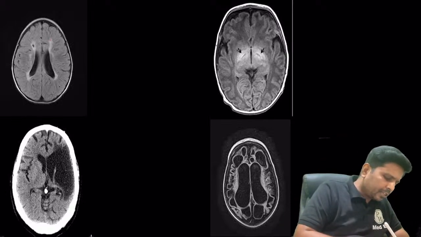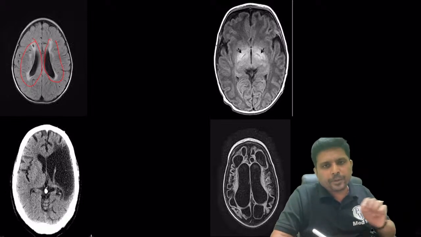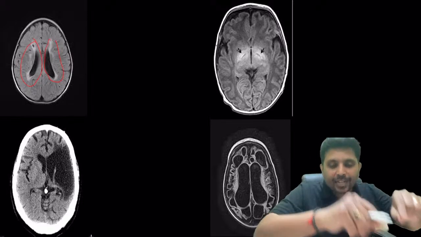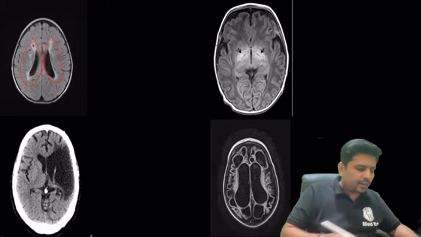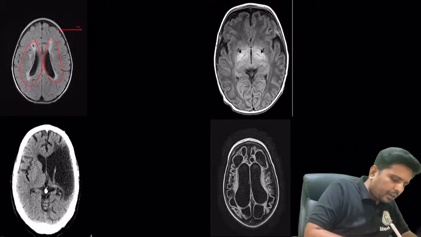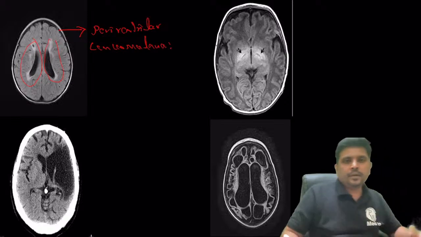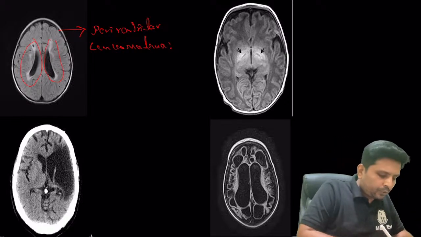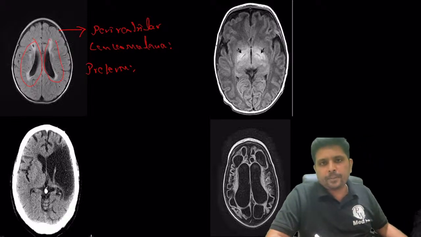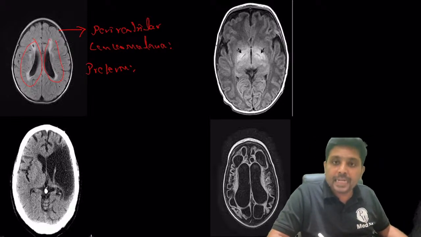So what is that pattern recognition? Here look at this, there is white matter hyperintensity around the periventricular area. Just now we have seen this. So this is called periventricular leukomalacia, which usually occurs in preterm. Birth asphyxia in preterm is different from term.